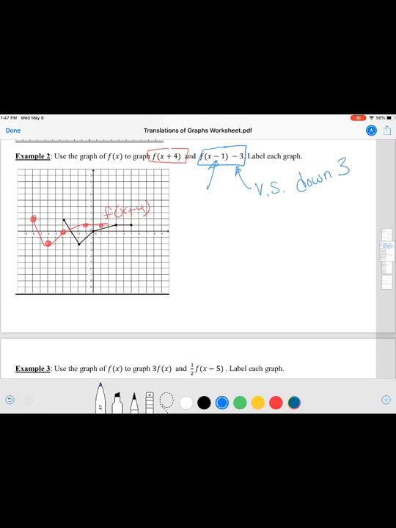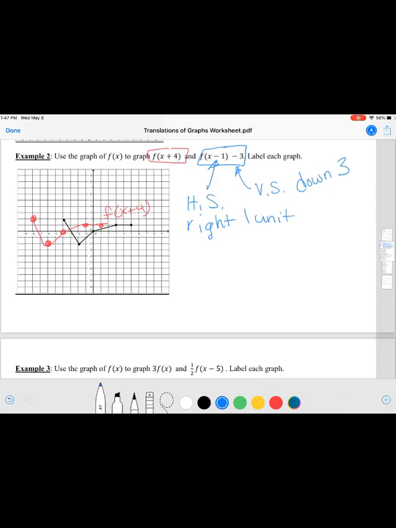When I subtract something from my x, that's going to be a horizontal shift. And because it's a minus 1, if I look back up at my rules, a minus something means I'm going to add it to the right that many units. So this is going to represent a horizontal shift. I'll abbreviate HS. And this is going to be to the right 1 unit.